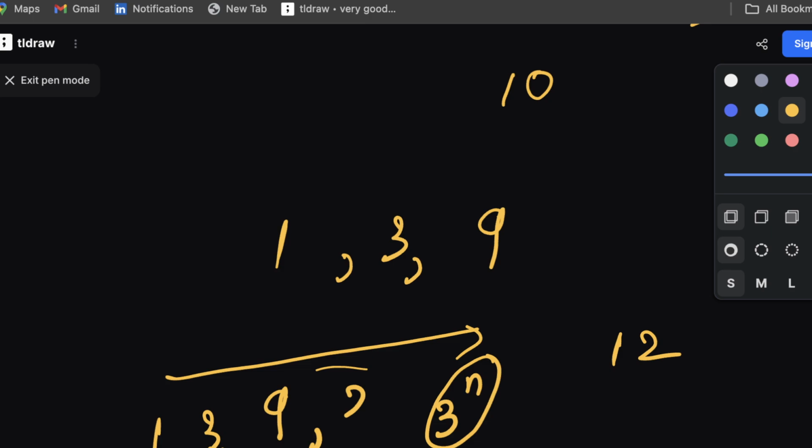No, there should be some way. So what if n is 27, then it is going to run.